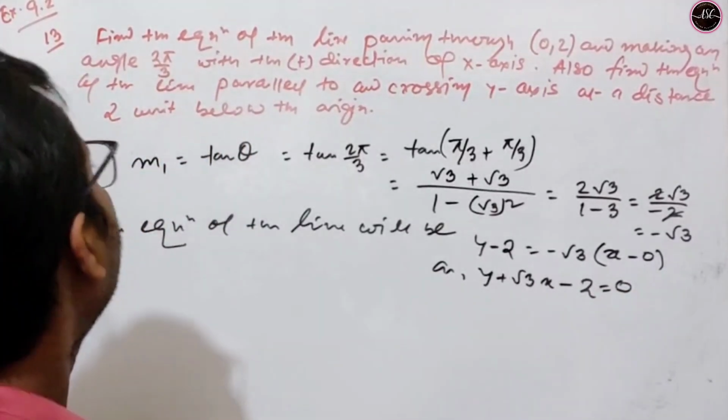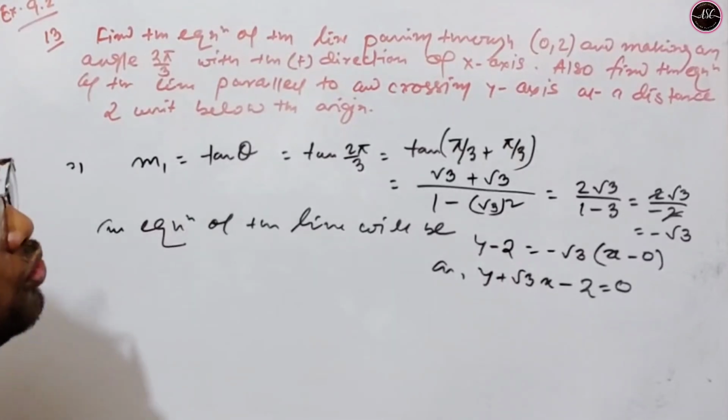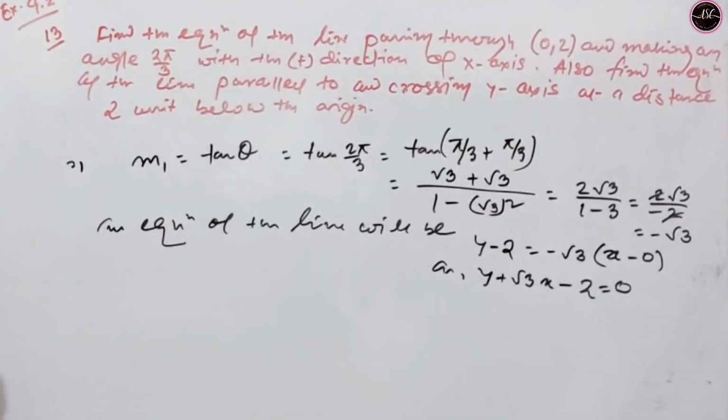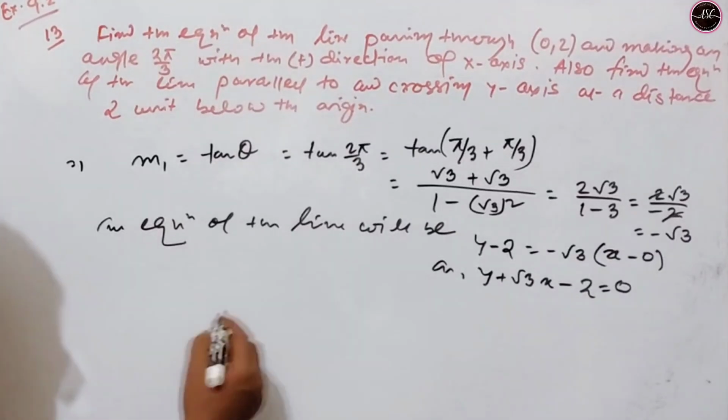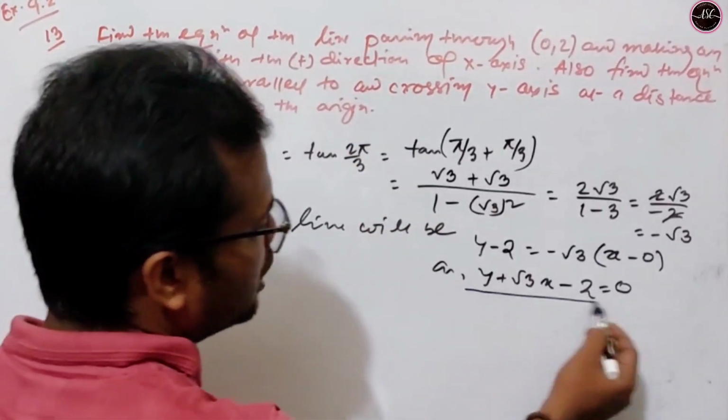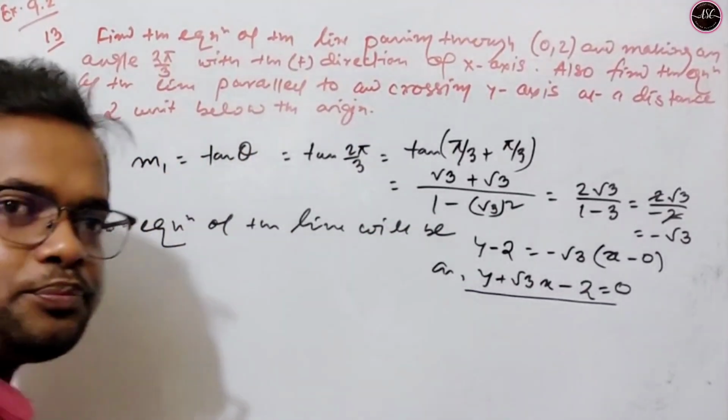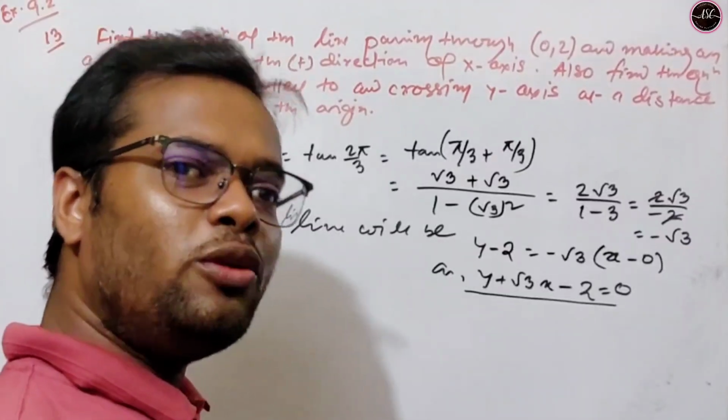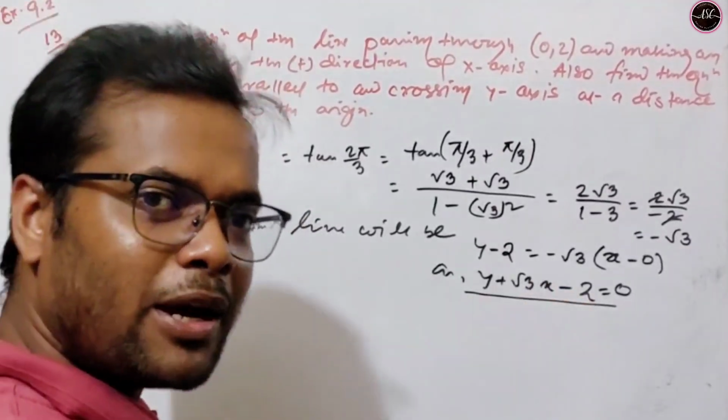And also find the equation of the line parallel to this and crossing y axis at a distance 2 units below the origin. As this line is parallel to this, the slope of that line will be the same, that means minus root 3.